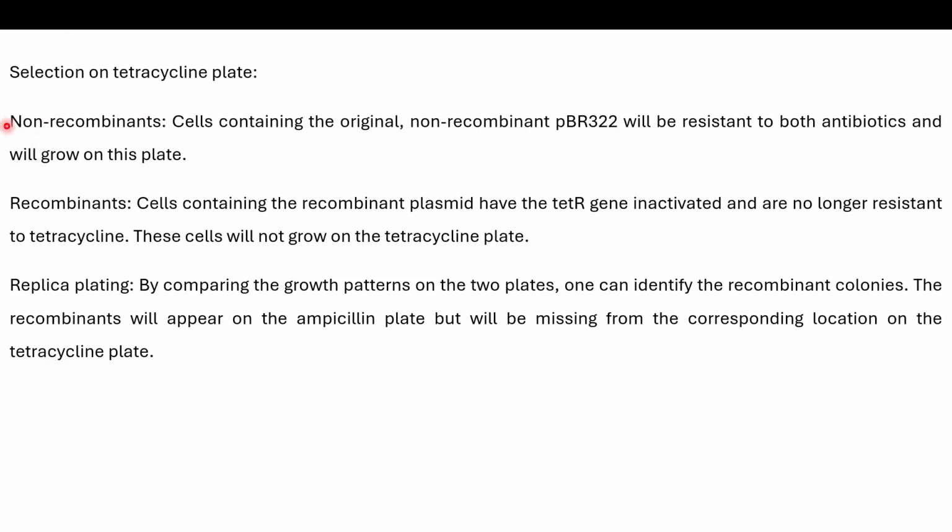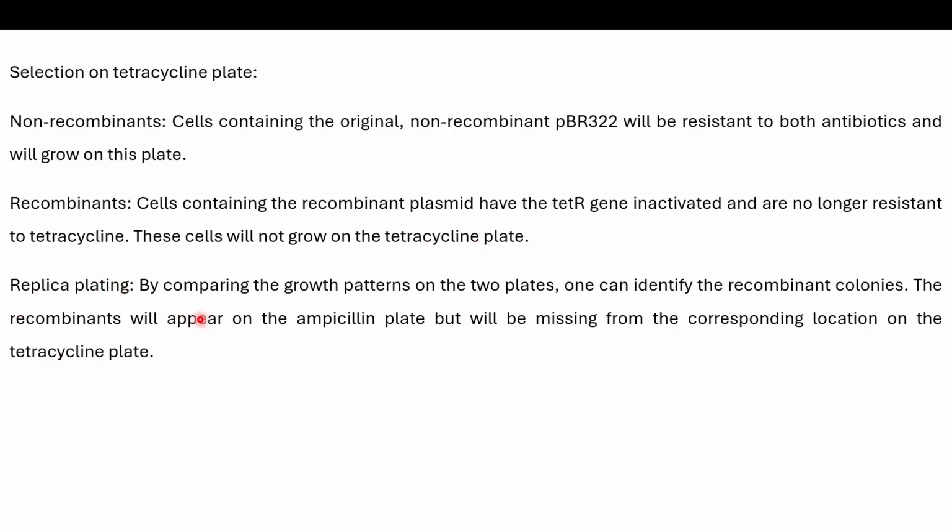So, selection on the tetracycline plate: non-recombinants, cells containing the original non-recombinant pBR322, will be resistant to both the antibiotics and will grow on this plate. Recombinants are the cells containing the recombinant plasmid having the tetracycline resistance gene inactivated and are no longer resistant to tetracycline. These cells will not grow on the tetracycline plate.